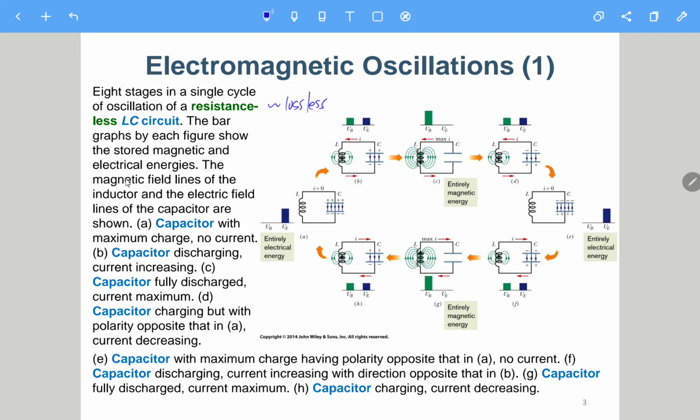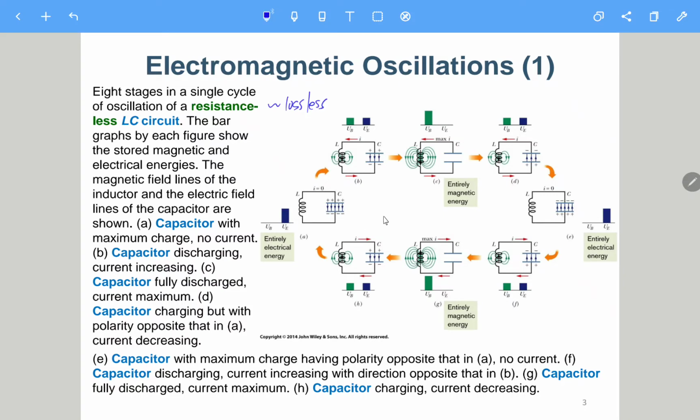Okay, so here the magnetic field lines of the inductor and the electric field lines of the capacitor are shown. For part A, we can see it also mentions the energy stored in the capacitor, or in the E field, and the energy stored in the magnetic field, or in the inductor. Initially we don't have any current, and all the charge is on the capacitor.